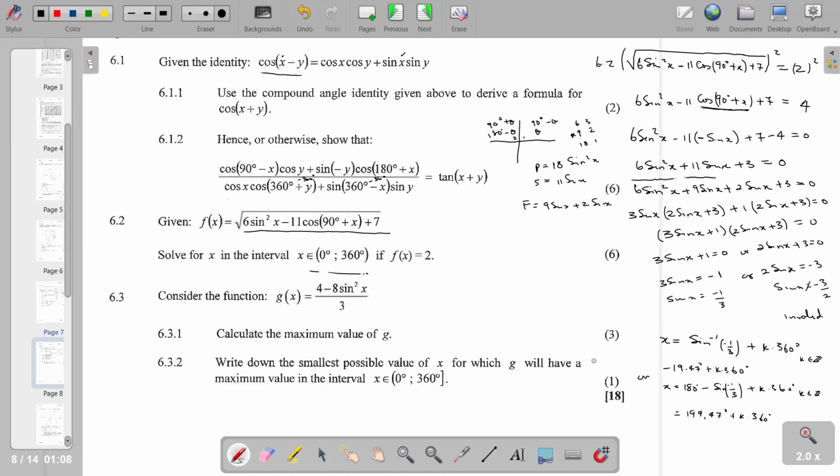So I'm going to say, conclusively, my x, if I put 1 here, is going to be 340 degrees, 340.53 degrees.